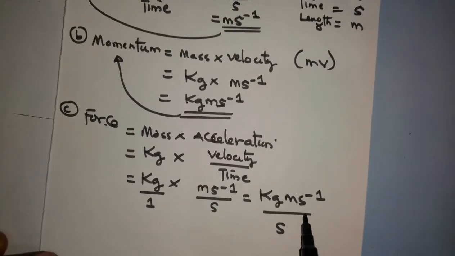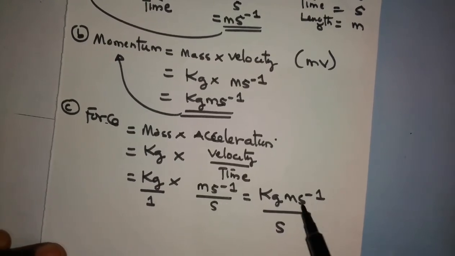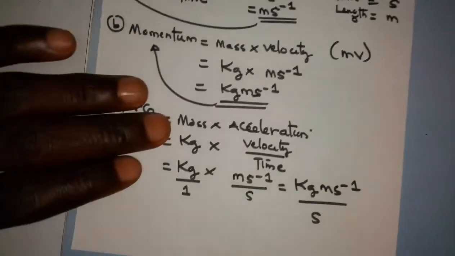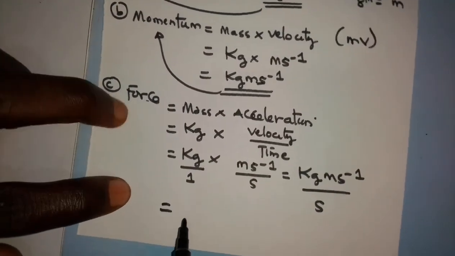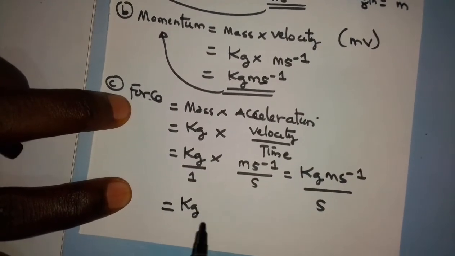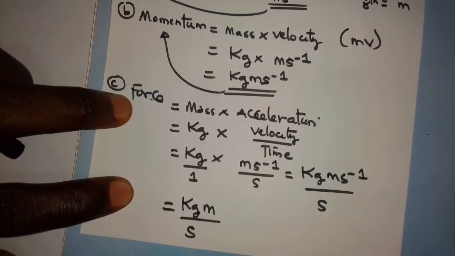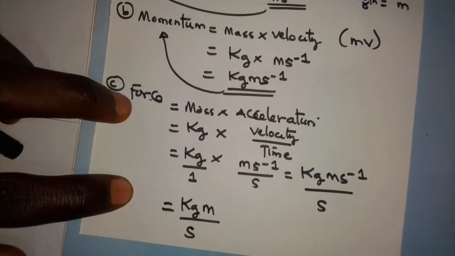Now if we want to do this, how would we do that? That means we can bring back this s raised to the power of -1 down. So that means we could have kg m over s. Therefore that raised to the power of negative removes away.